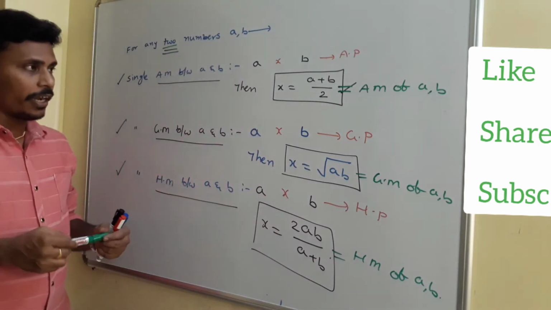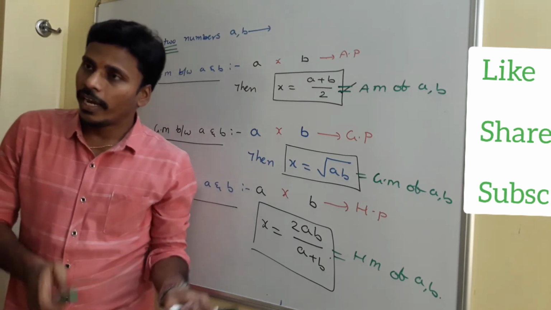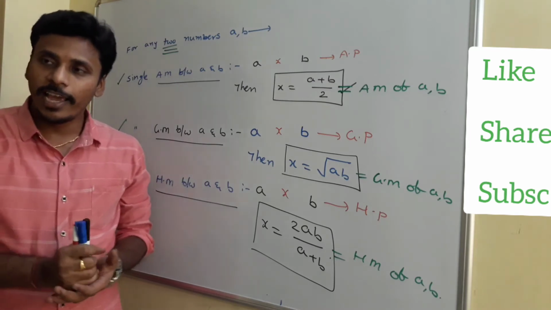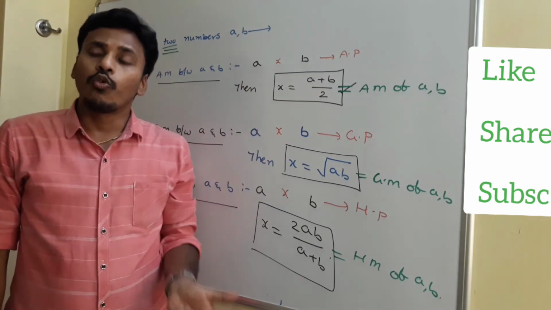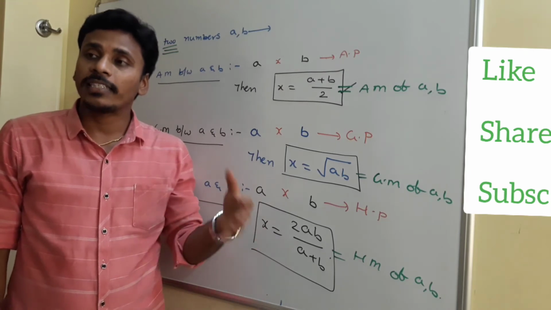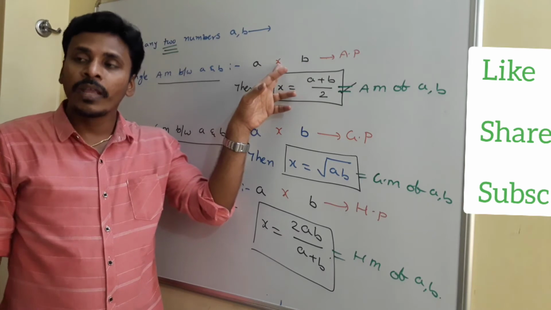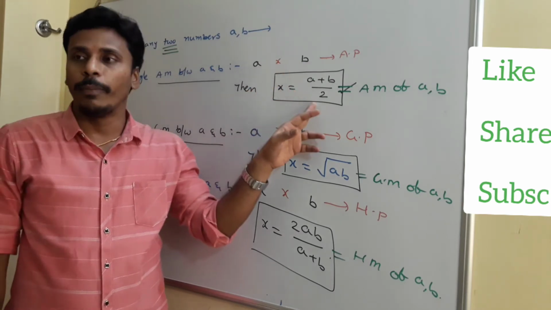Once again I am repeating: the single arithmetic mean between A and B, or the arithmetic mean of A comma B, both are the same and that is A plus B by 2. No need to utilize X. As a procedure to find that arithmetic mean, we take the unknown arithmetic mean as X, and at the end we found that arithmetic mean as A plus B by 2.